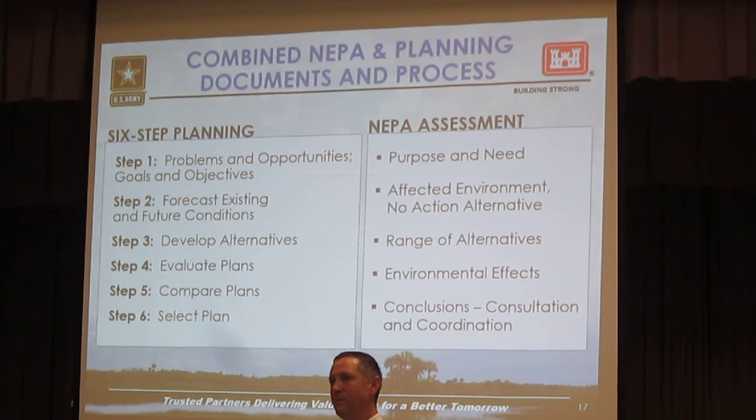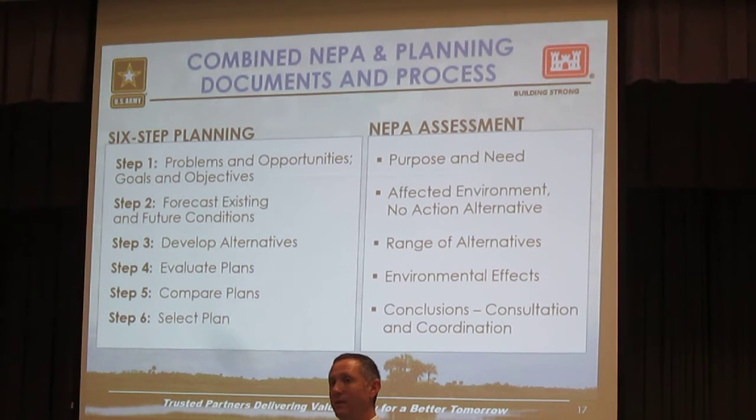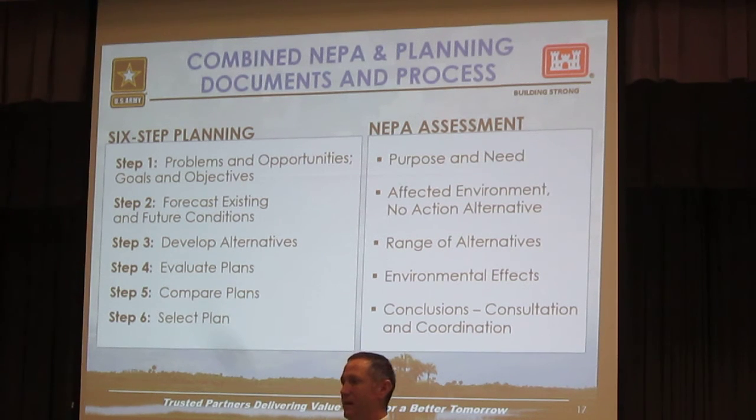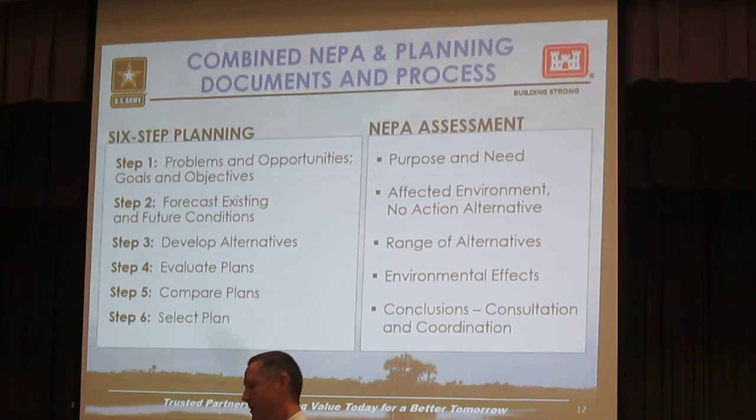Some of you may have some insight or views on that, and you can express that tonight as part of the scoping process. It very much feeds into clearly stating the purpose of this federal project and why we need it. We're going to make sure it's clearly stated in the document, so there's no confusion over the purpose and need for the project.